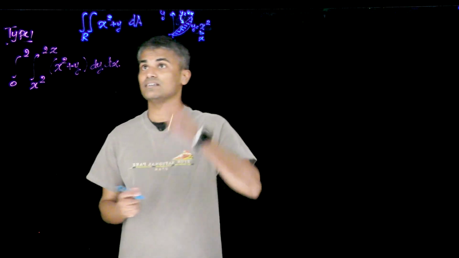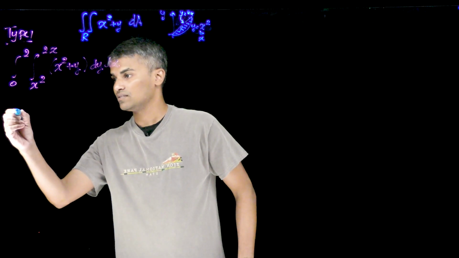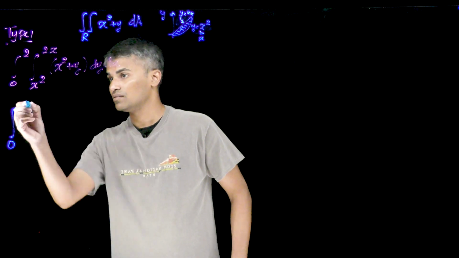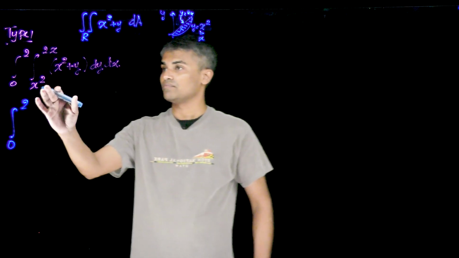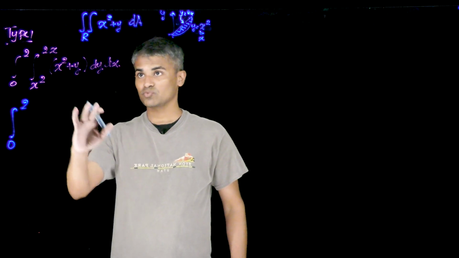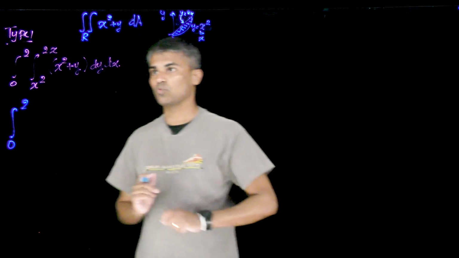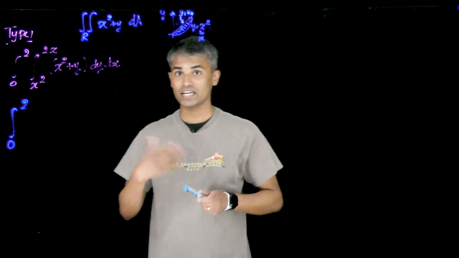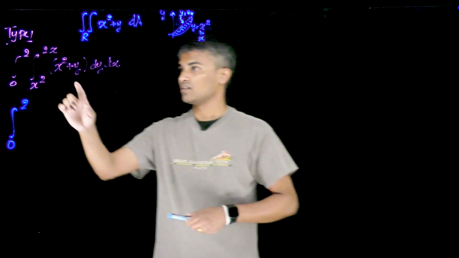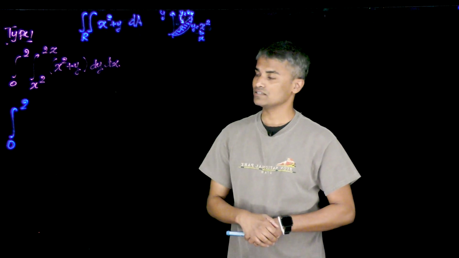Let's do that. We consider this inner integral, which is the integral from x squared to 2x of x squared plus y dy. Now my variable of integration is y, so we have to treat x as if it is a constant. The integral of a sum equals the sum of the integrals.